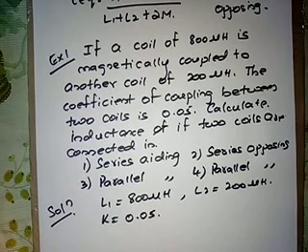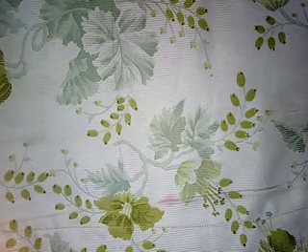So we are supposed to find the inductance if the two coils are connected in series aiding, series opposing, parallel aiding and parallel opposing. So first let us calculate the value of M, the mutual inductance between the two coils.